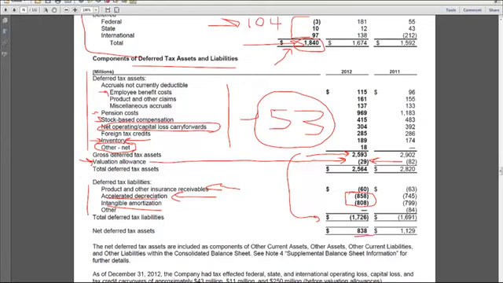And then we can see net, they have a net deferred tax asset of 838, which, as we saw, did not show up anywhere on the balance sheet, because on the balance sheet we show the jurisdictional netting. But that's why I think the best place to go is the footnote, because it cuts through all this jurisdictional netting and you see the totals. This total is reflected on the balance sheet. It's just spread across those four line items: current and non-current liabilities and assets.